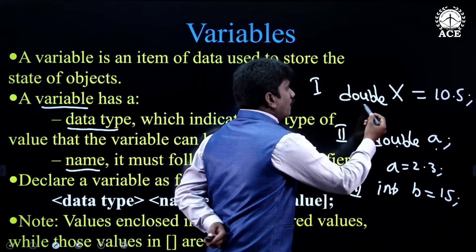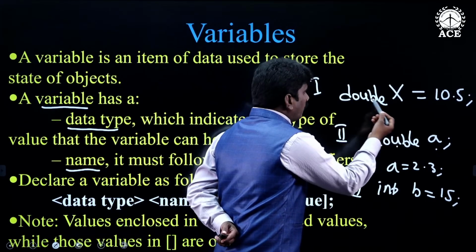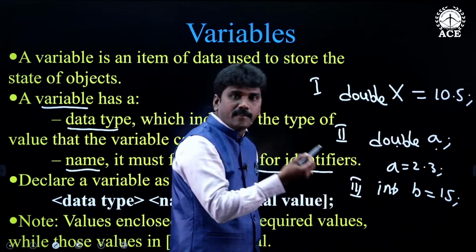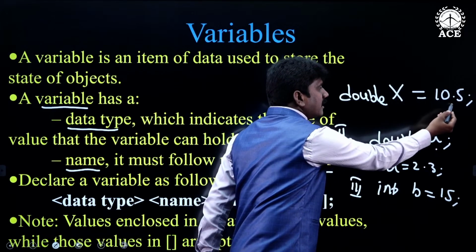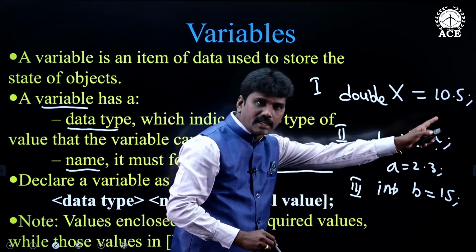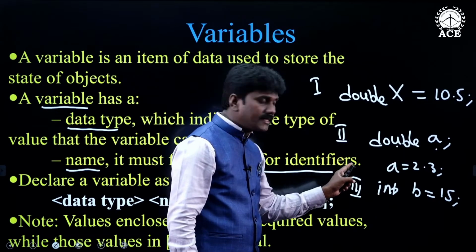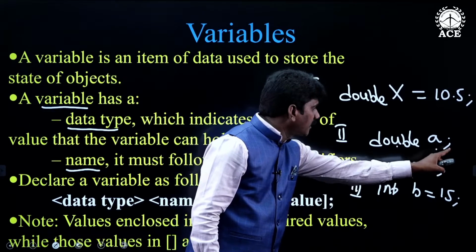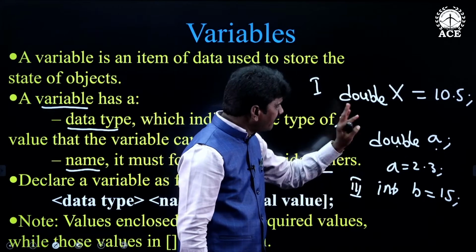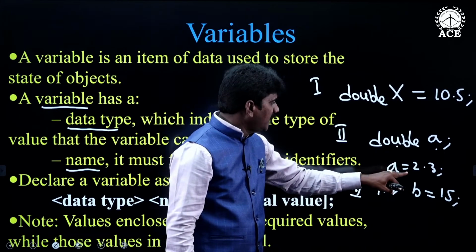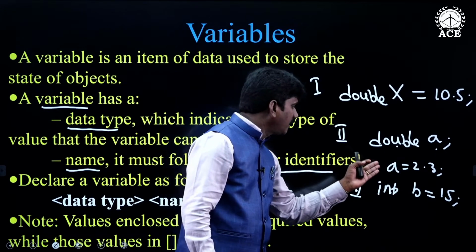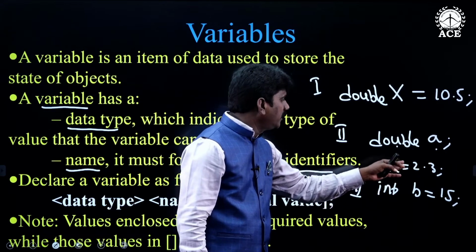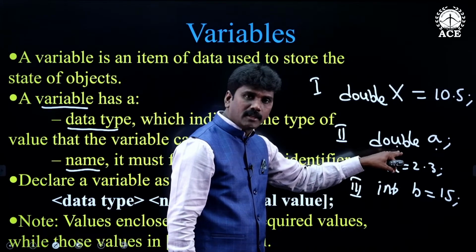So in the first one, we have assigned with the double data type; the variable name is x and it contains the value 10.5, terminated with a semicolon. In the second case, the data type is double and it has one variable a, terminated with a semicolon, and after some time we can assign the value directly, like a is equal to 2.3, because a is of double type.